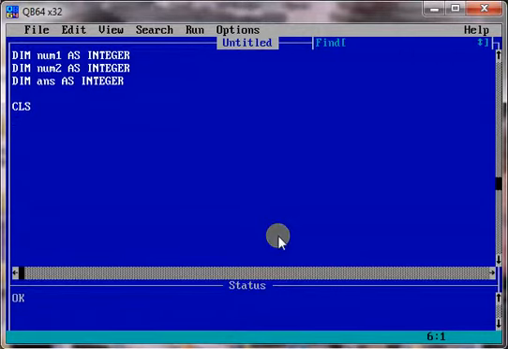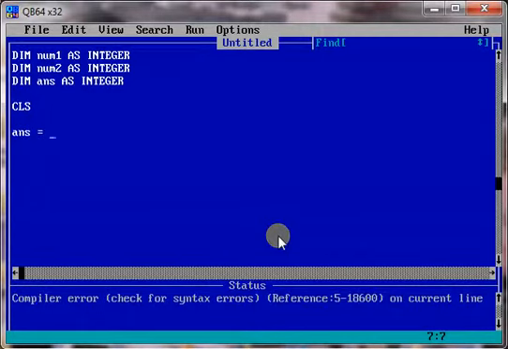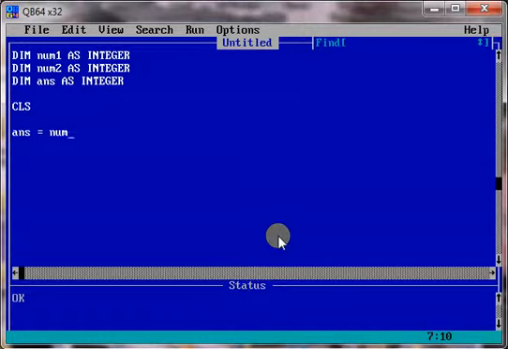So CLS, I think you remember in the last class what CLS does. Let's compute our answer equals num1 plus num2.